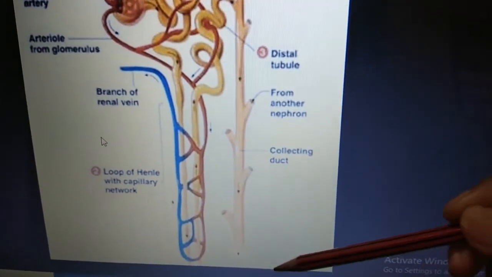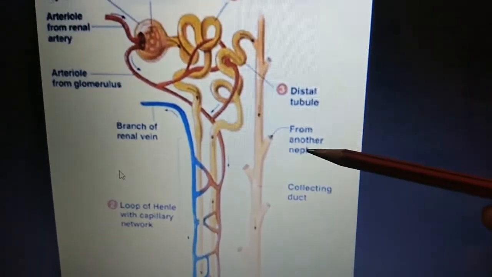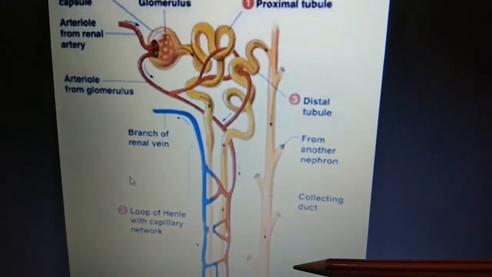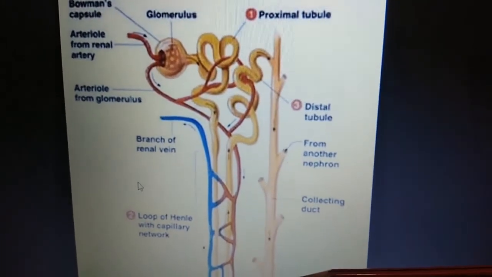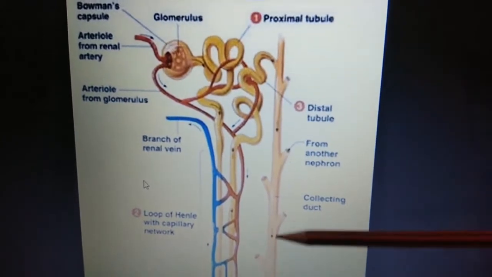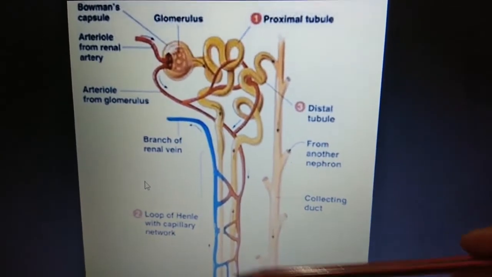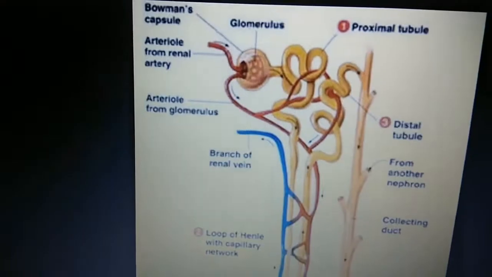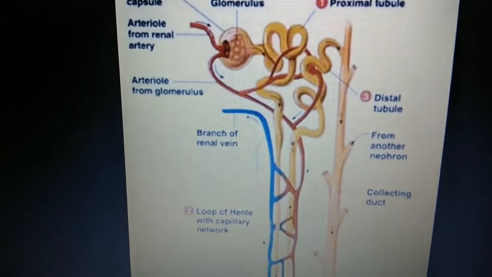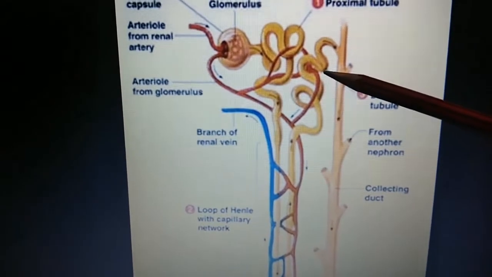Through the ureter, it is stored in the bladder, and from the bladder it is passed out through the urethra to the outside of the body. Thus the kidney is helpful in removing waste from our body. That's why the nephron is known as the structural and functional unit of the kidney.